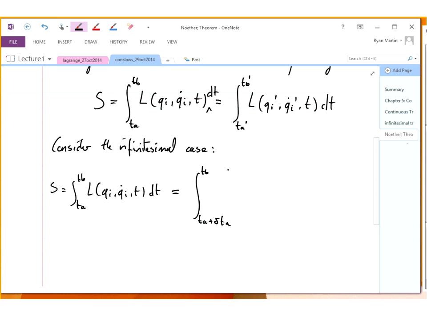So that means that TA goes to TA plus delta TA, TB goes to TB plus delta TB. That's the change in the limits of the integral. And then the Lagrangian is the Lagrangian of QI plus delta QI primed, QI dot plus delta QI dot prime, and T.